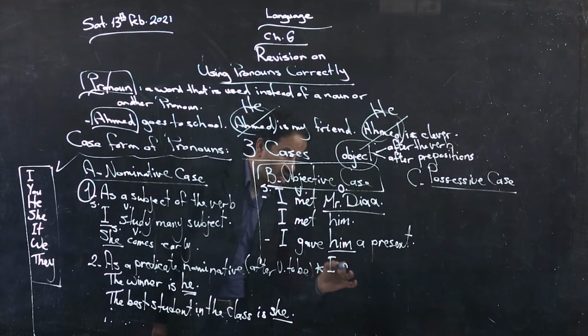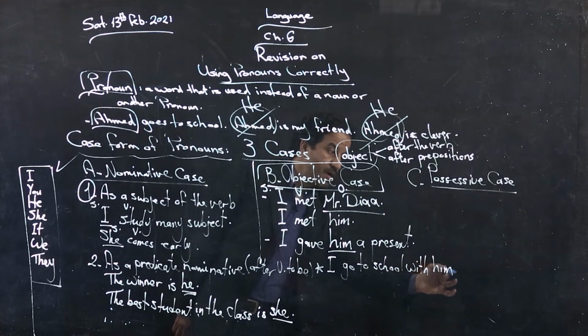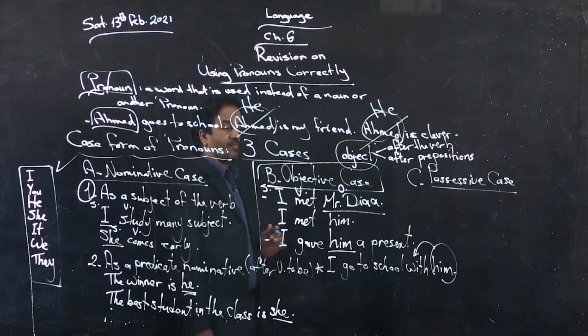I go to school with him. Him is the object of the preposition with. So the object comes after the verb or after the preposition.